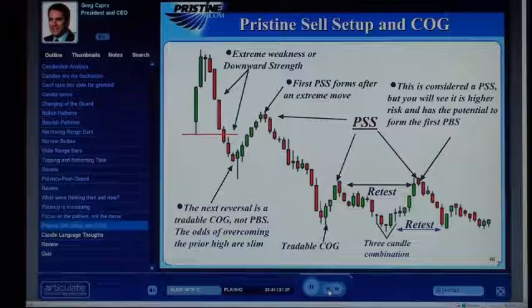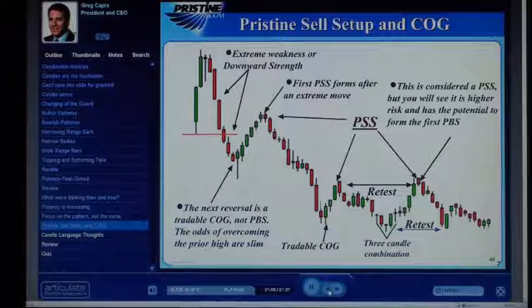Now on the move down at the low, there's another tradable changing of the guard after an extended move to the downside, which sets up the next pristine sell setup. At the bottom, there's a 3-candle combination. You have a bearish down bar followed by a bottoming tail and a bullish bar closing up near its high.